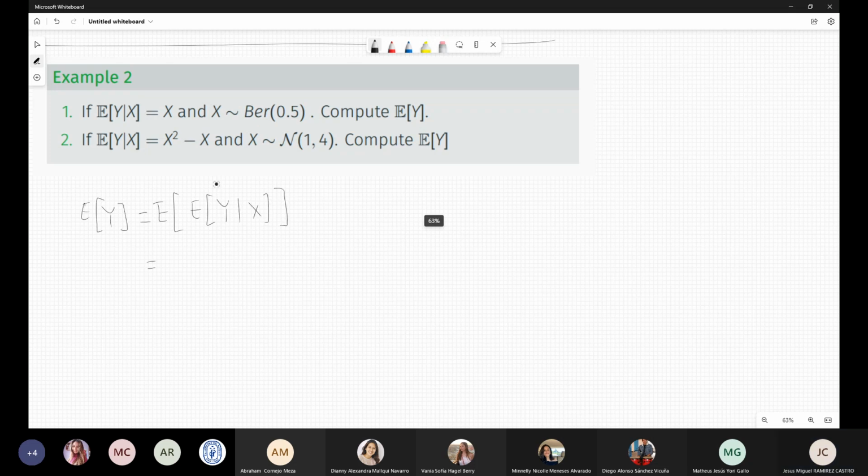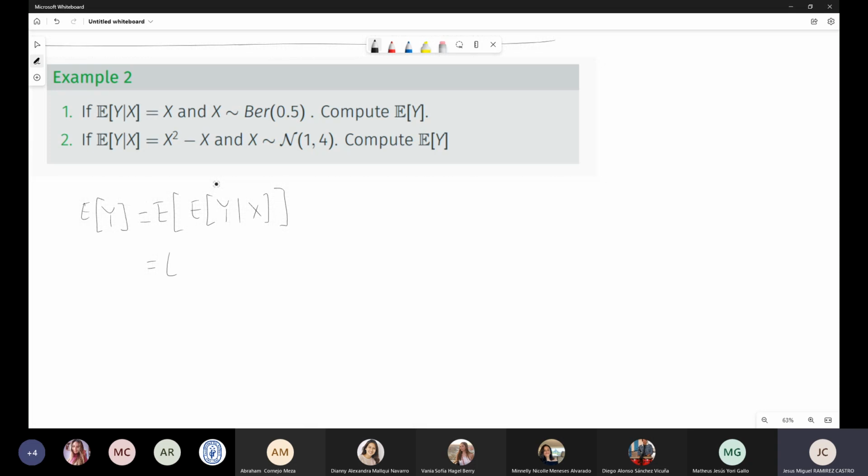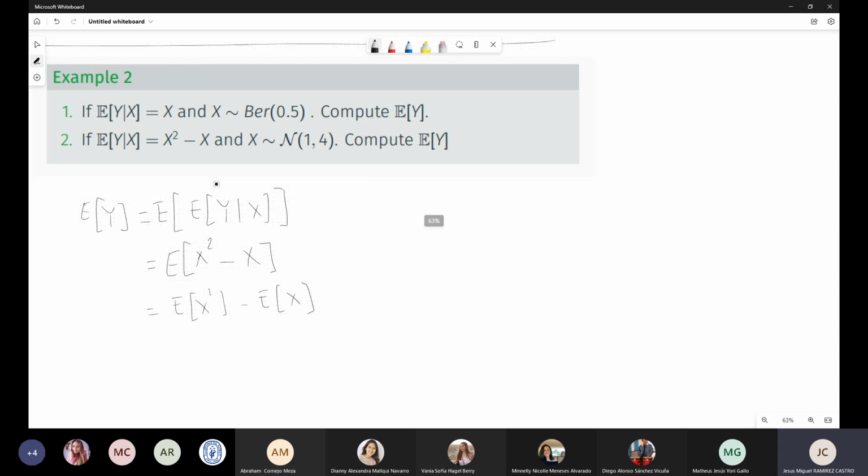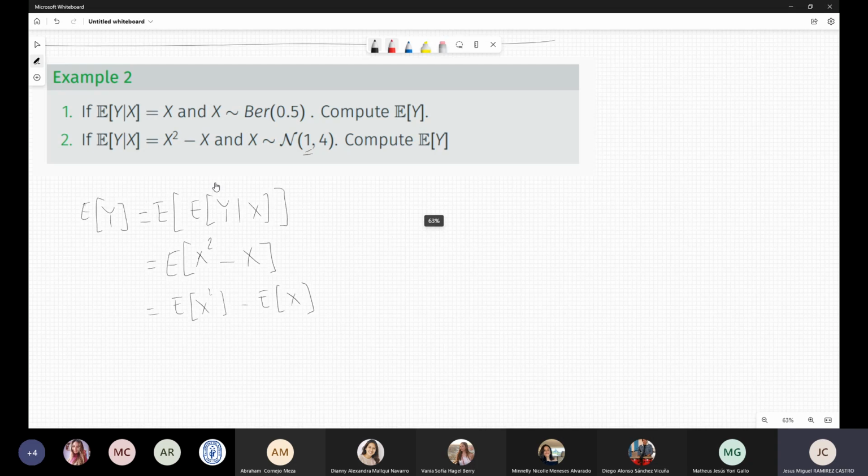Right? From a previous property, this is the expectation of x squared minus x, which is the expectation of x squared minus the expectation of x. The expectation of x should be 1.